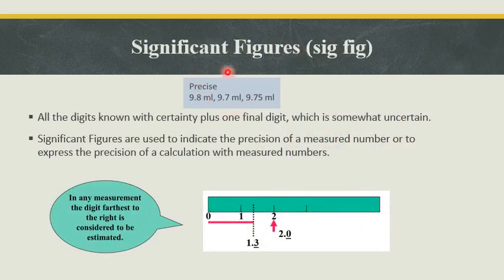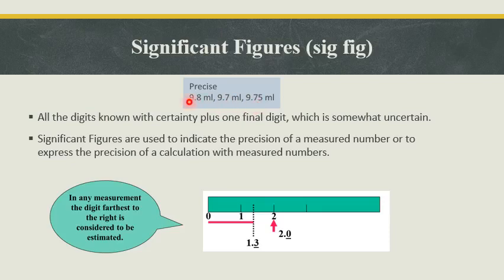So how will you report the values you have measured? In a correctly reported measured value, the final digits, here 0.8, 0.7, 0.75, are significant but not certain. You can see that it is uncertain.